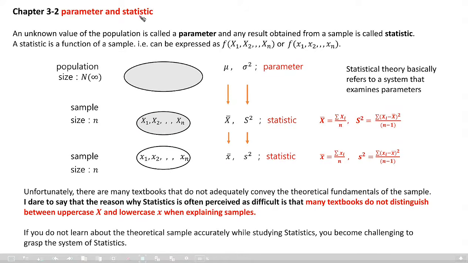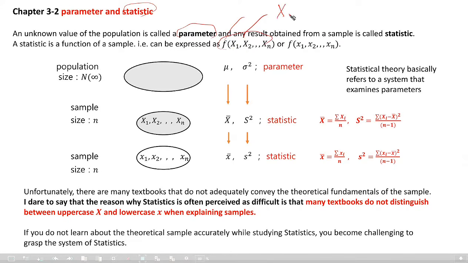Parameter and statistic. Statistic is a common noun. An unknown value of a population is called a parameter. And any result obtained from a sample is called a statistic. A statistic is said to be a function of a sample, i.e., this means just a function, okay, not a probability distribution function, just a function of X1, X2, Xn.